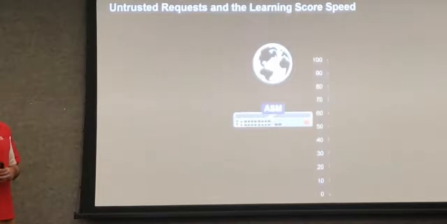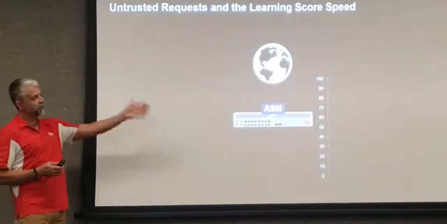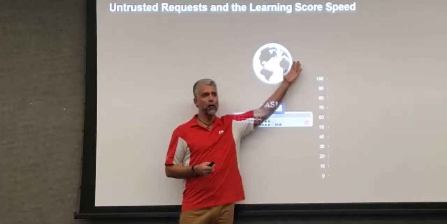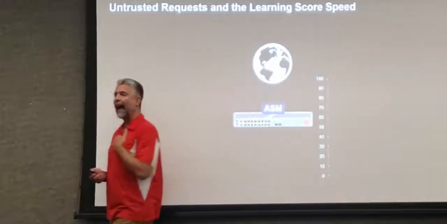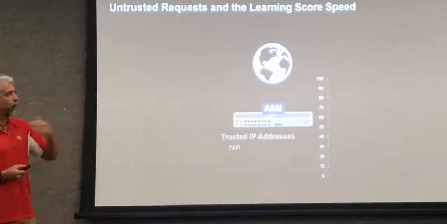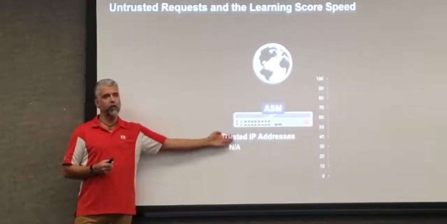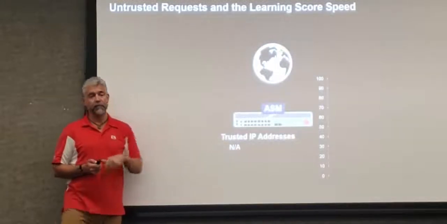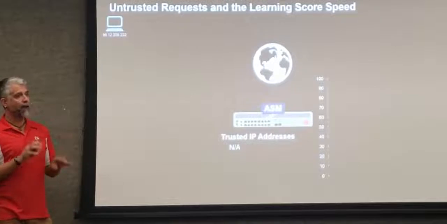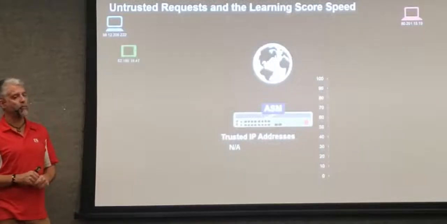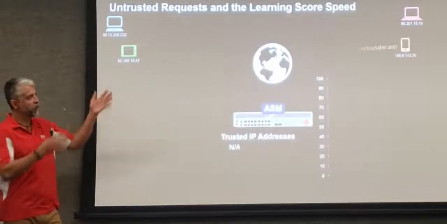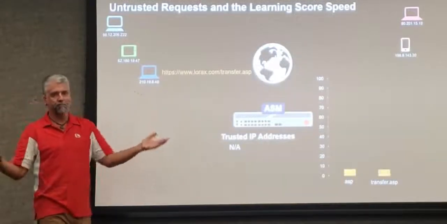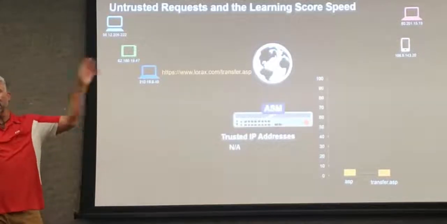Let's take a look at how this works and why. So here's my security, my ASM. Here's my learning score from 0 to 100%. And I'm using untrusted requests, just like you did in your exercise, because we never designated any trusted requests. So as users are accessing my transfer.asp page, these are different users from different devices, over the course of the state, the country, who knows.